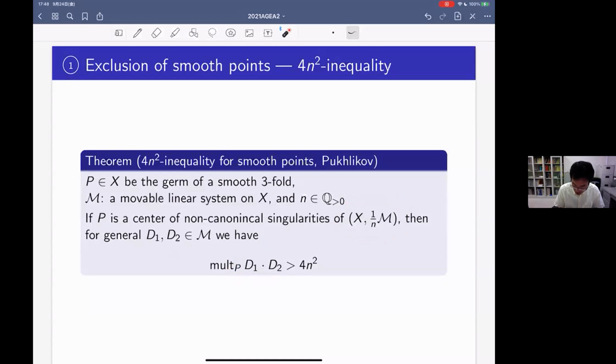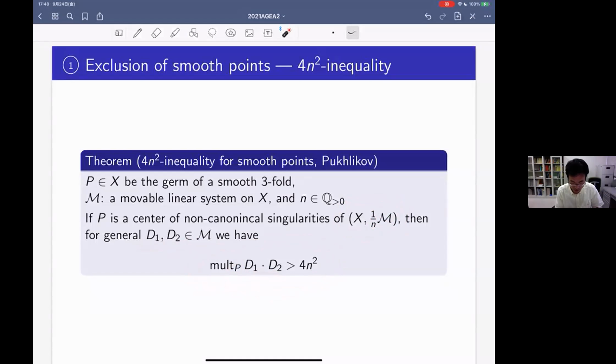Since this pair is not canonical, these divisors vanish at P to some order, and this measures how much they vanish at the point P. Anyway, we have this inequality.